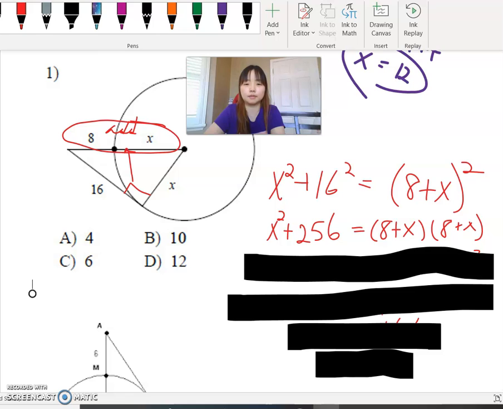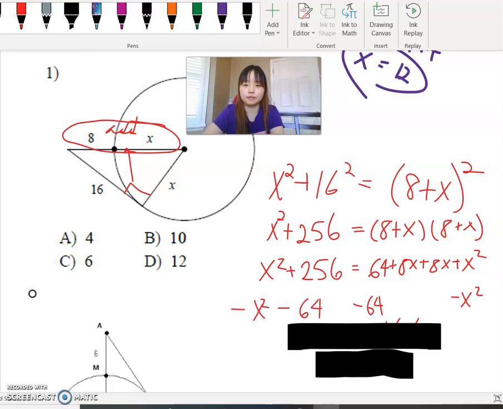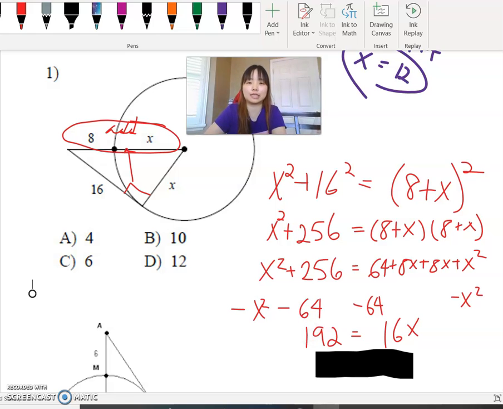So my next step looks like this: 64, 8 times 8 is 64, 8 times x is 8x, x times 8 is 8x, x squared. Then we combine the like terms. Subtract 64, subtract x squared from both sides, ended up with 192 is equal to 16x.